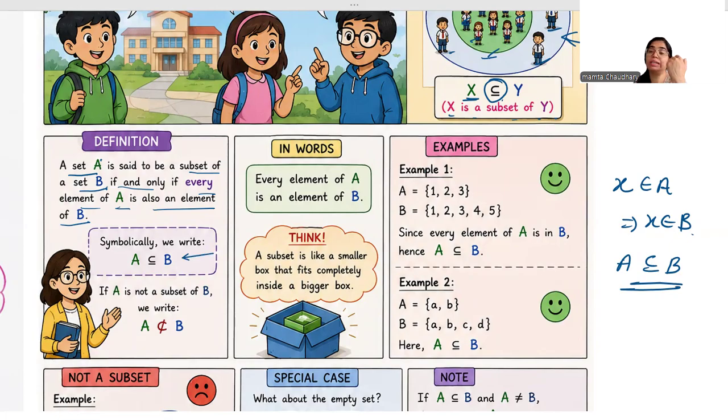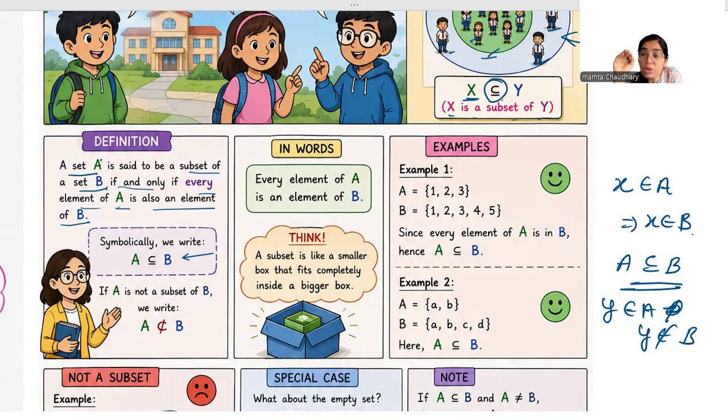Now, suppose A is not a subset of B. There's an element y which belongs to A, but it does not belong to B. So there are some elements which are in A but not in B. For example, it's not necessary that the children living nearby the school are only from your class.